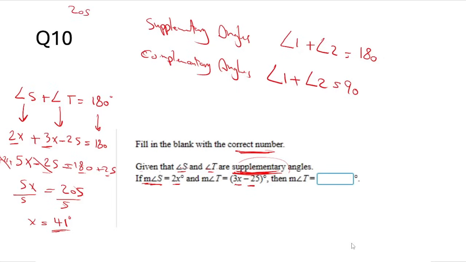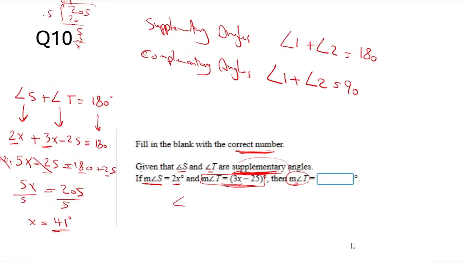Again, 205 divided by 5: 20 divided by 5 is 4, and 5 divided by 5 is 1, so 41. So here it's asking about the measurement of angle T, which is this equation, so I'll substitute x in this equation.